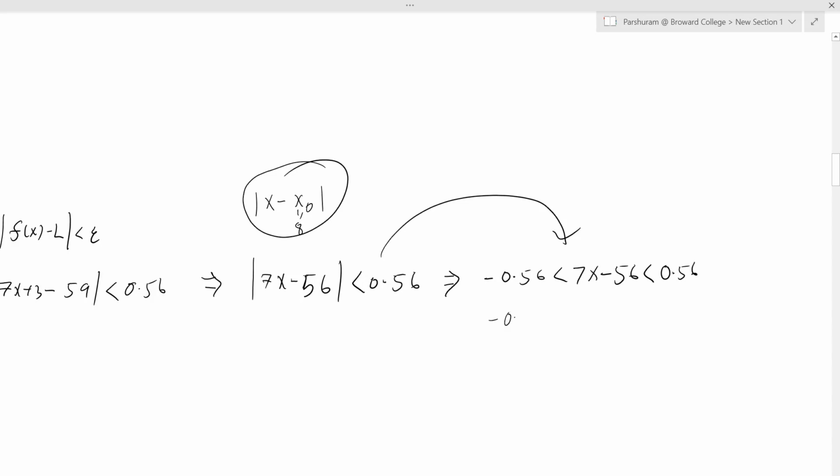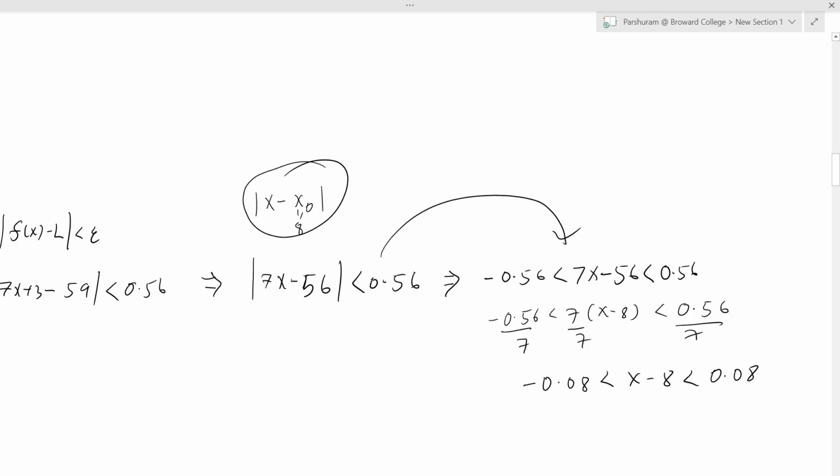So negative 0.56 is less than 7 times x minus 8, which is less than 0.56. If we divide all the terms in this inequality by 7, it gives us negative 0.08 less than x minus 8 less than 0.08.